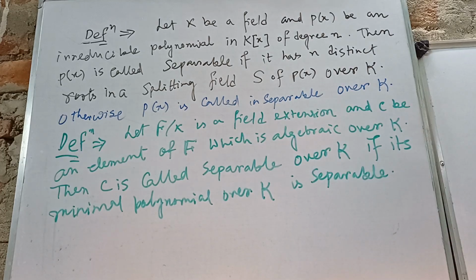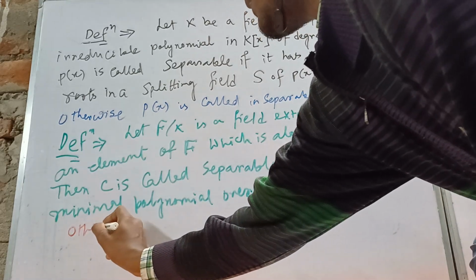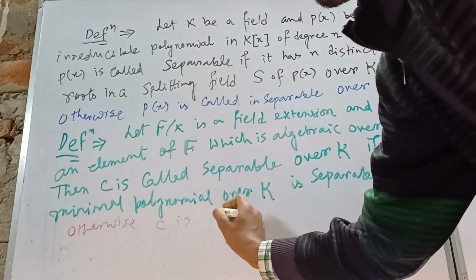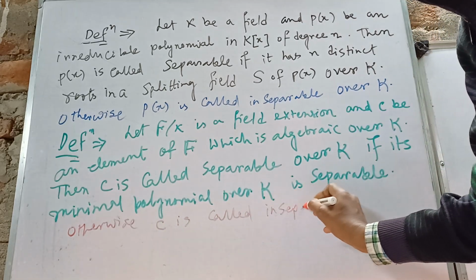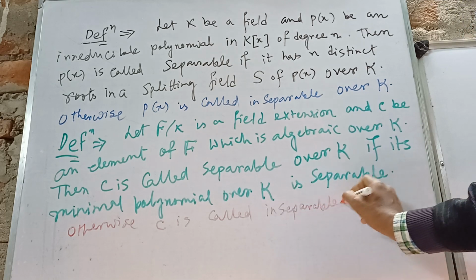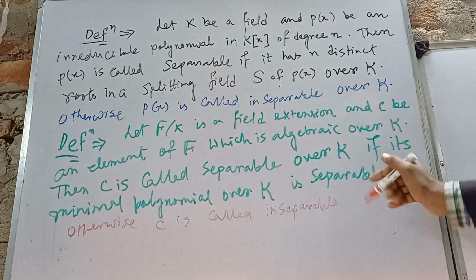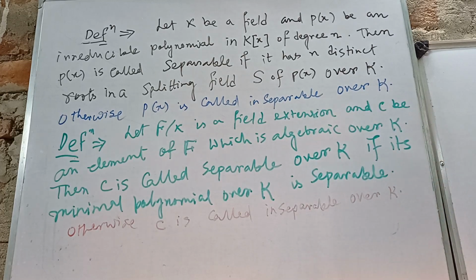Otherwise c is called inseparable over K. Not a problem at all.